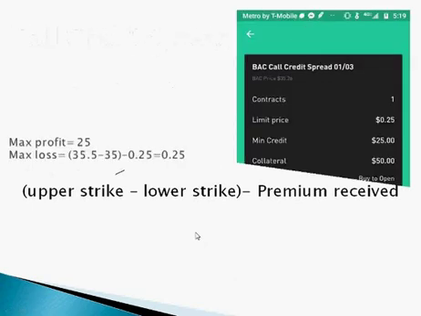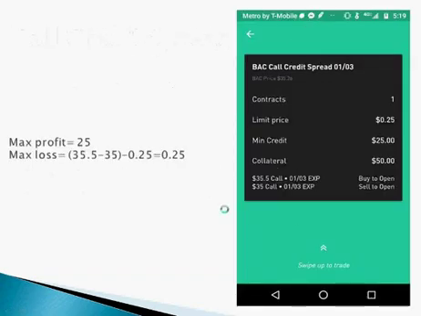Let's look at an example. We are going to place a trade. We believe that Bank of America is going to sell off. We buy the 35.50 to protect our downside. We sell the 35, which is in the money, to collect the premium. So the maximum profit is going to be 0.25, which is $25.